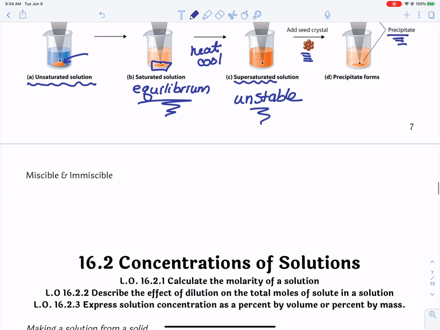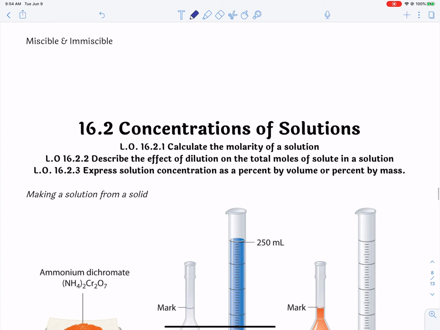Okay. The last vocabulary words in this section before we get started on the math are miscible and immiscible. They are analogous to the words soluble and insoluble, but they're used for two liquids. It doesn't really make sense to ask, is oil soluble in water or is water soluble in oil? Because who does the dissolving, who is being dissolved? It would be a mutual relationship.